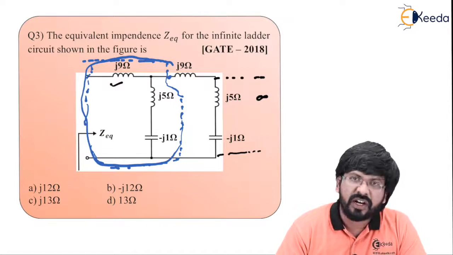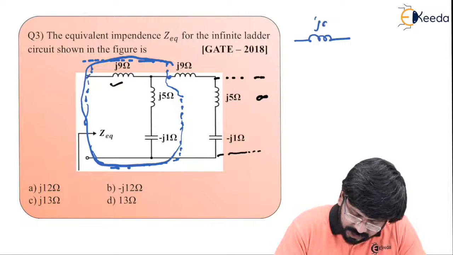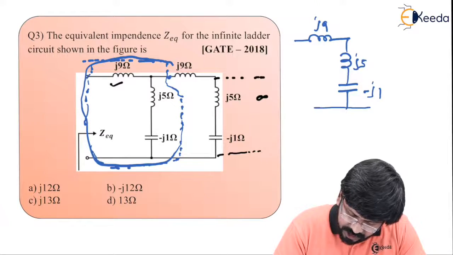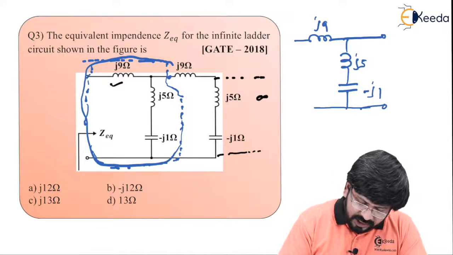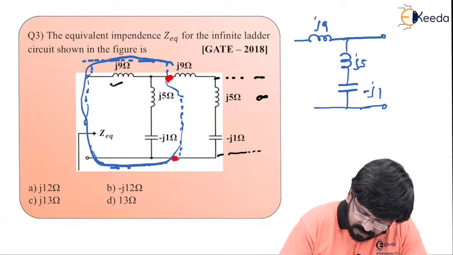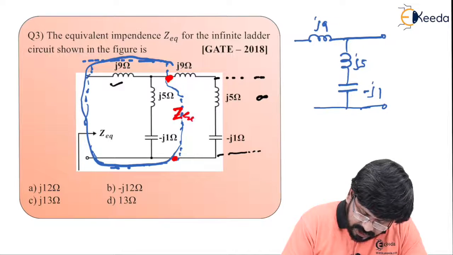In that case, let's see. I am just going to draw the remaining circuit now. The part which I have ignored, I am drawing first. What we have is J5 here, minus J1 here, and after that, as I said, this is the removed part. In the remaining part, if I make 2 points here, as you can see, 2 red dots, in between these also I'll get the same Z equivalent.